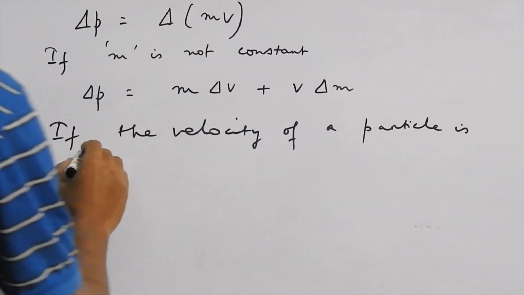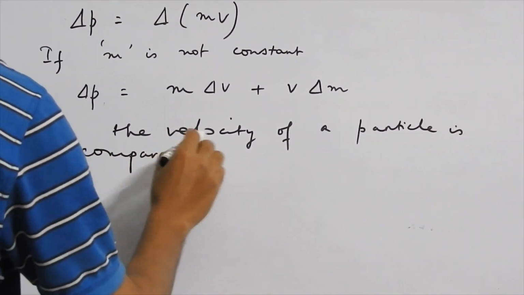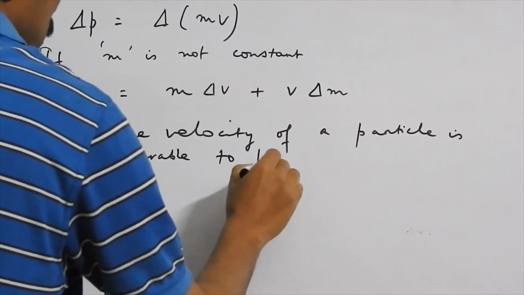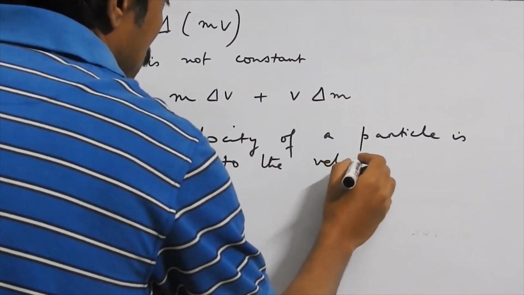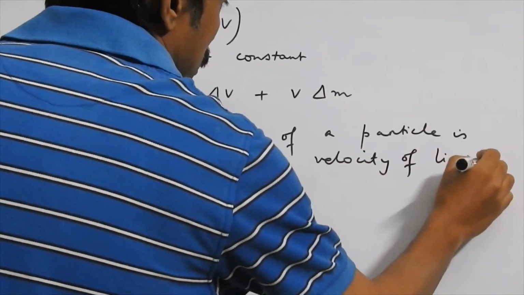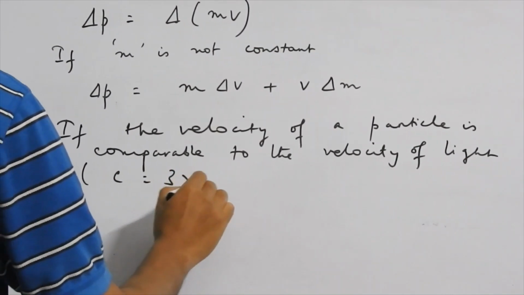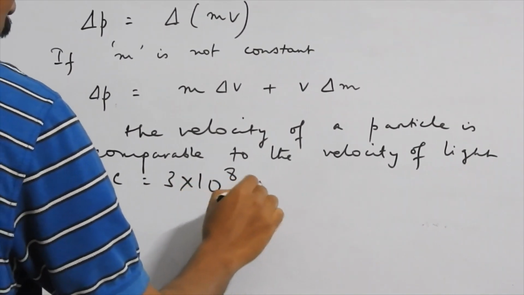The velocity of light is denoted by c and it has the value approximately 3 into 10 to the power 8 meter per second.